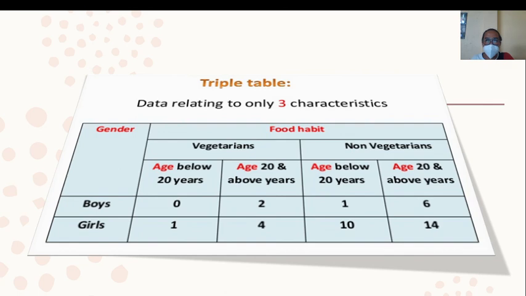From vegetarian, nagkaroon tayo ng age below 20 years and age 20 and above years kung sino yung mga vegetarian. Ganon din sa non-vegetarian. Meron tayong the gender, yung food habit, yung tawag. Ano lang food habit, meron vegetarian and non-vegetarian. Pag sinabing triple, from the word triple, we have three characteristics.